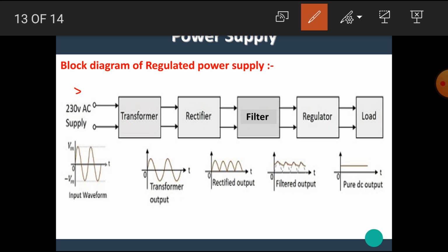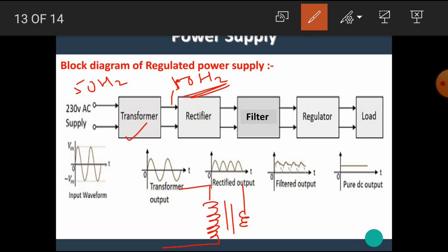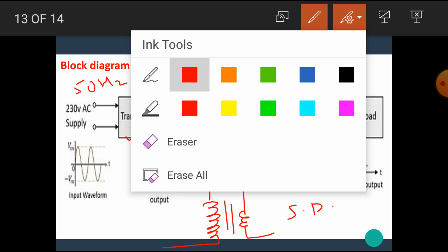At the input it has a frequency of 50 Hz, and at the output it has a constant frequency of 50 Hz. Here we use a step down type transformer, and the step down value is decided by the number of turns in the secondary. This is the symbol of a step down transformer.